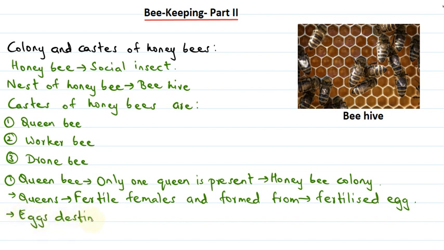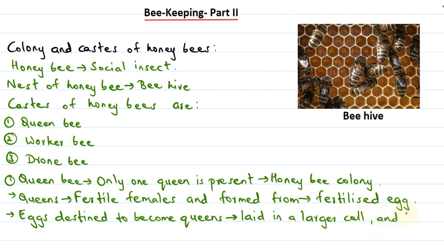Those eggs which are destined to become queens are laid in a larger cell, and the larva that develops is fed with what?